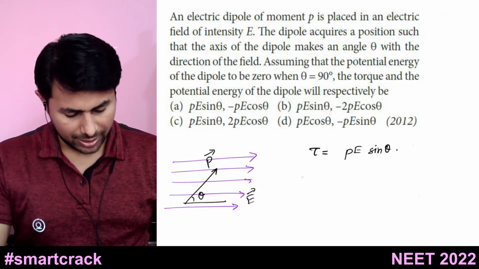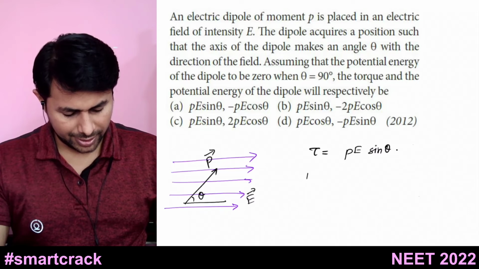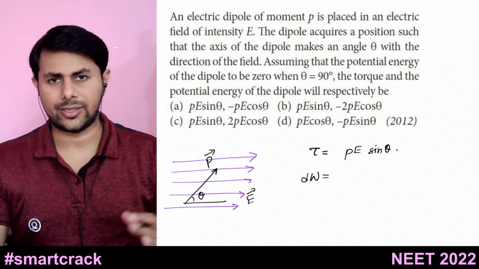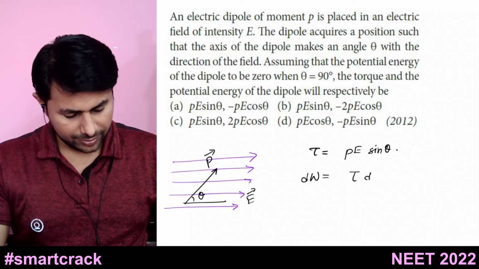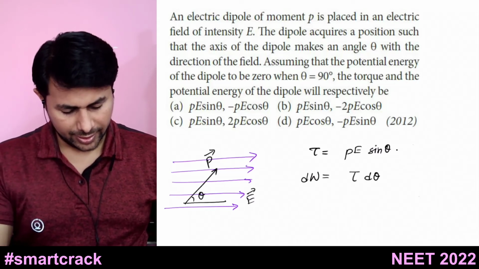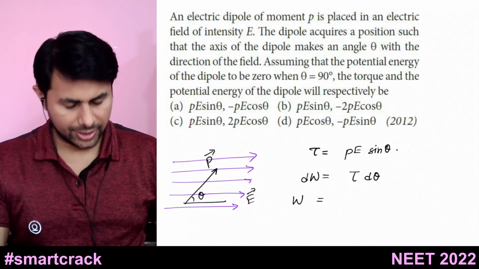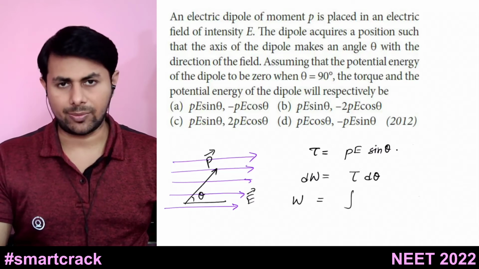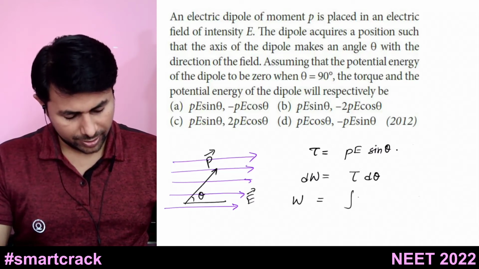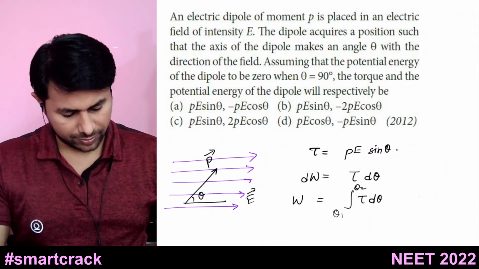So let's find out that work done. We know that dW, let's say, is the work done to rotate it by an angle d theta. So it is tau into d theta, right? So the work done to rotate it from theta 1 to theta 2 will be the integral of this dW, that is the integral of tau into d theta from theta 1 to theta 2.